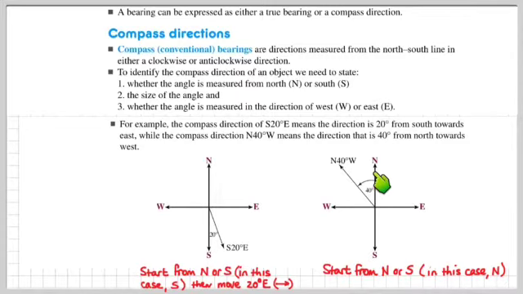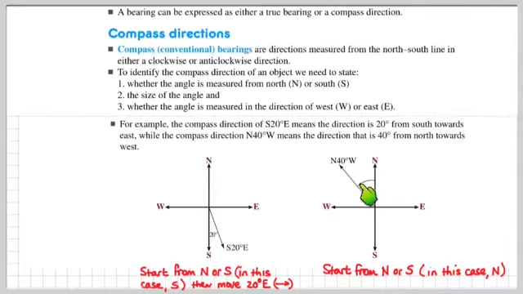Now, with this one here, we would naturally start from the north, because if we wanted to use the southerly reference point as our starting direction, then we'd have to sweep through 140 degrees to get to this line pointing to our object of interest, which would be a much bigger angle than 40 degrees.